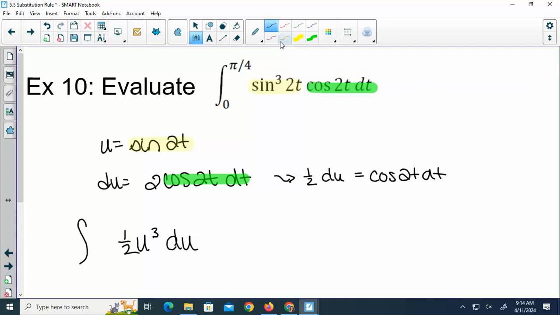And then we can change our limits. If you put in a 0, 2 times 0 is 0. What is the sine of 0? 0. If I put in pi over 4, 2 times pi over 4 is pi over 2, so it's like 90 degrees. Sine of 90 is radical 4 over 2, which is 1.